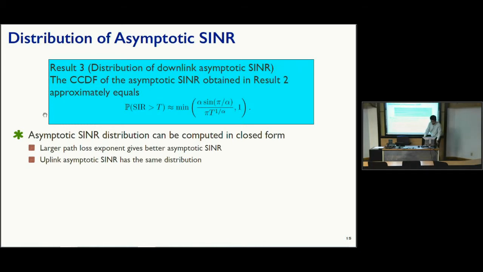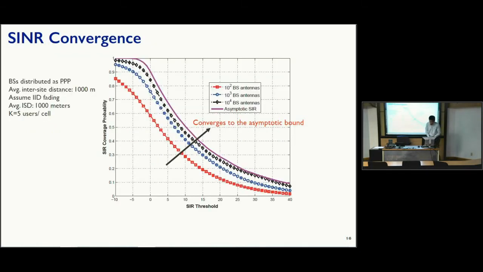And now we want to show some SNR convergence results. The asymptotic SNR curve is from our analytical result, and the curves for the finite antennas are from our Monte Carlo simulation.